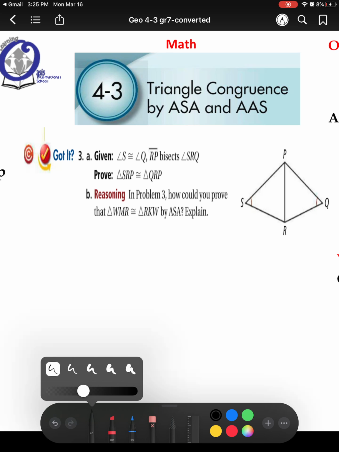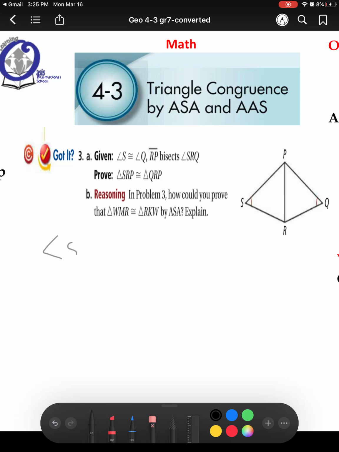Angle S is congruent to angle Q. So this is the first angle. Make sure that I'm looking at two angles and one side connected to any of them. And I have PR as a side congruent to PR by the reflexive property.